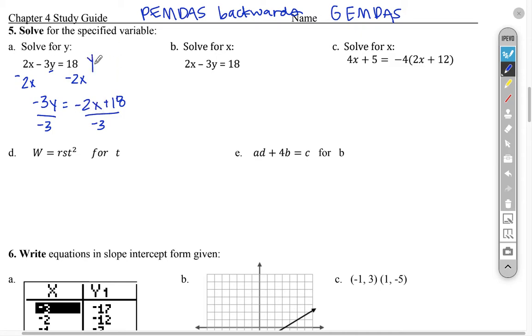And we get y equals negative 2 divided by negative 3 is going to become positive, right? Remember, negative divided by negative is positive. So we have 2/3 x. This obviously can't be divided. But then 18 divided by negative 3 can, and it will give us negative 6.